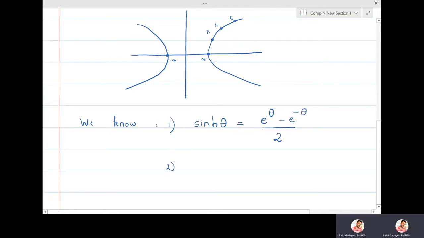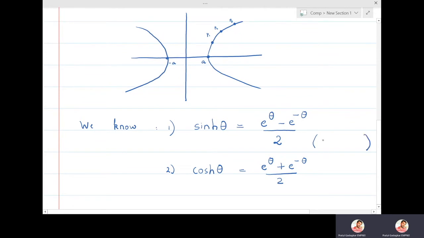And cos hyperbolic theta is e power theta plus e power minus theta divided by 2. Both these functions are increasing functions. We are going to need this property of these functions later on.